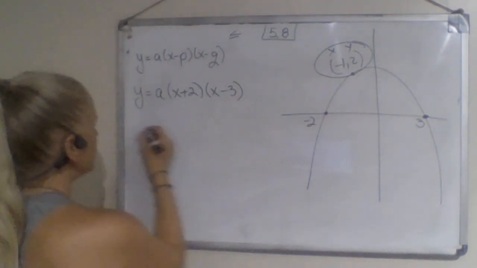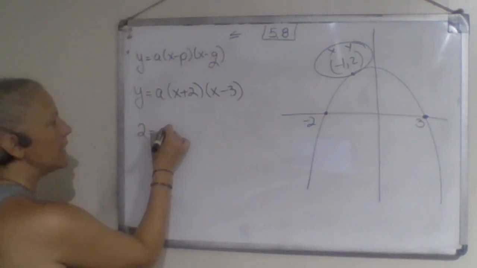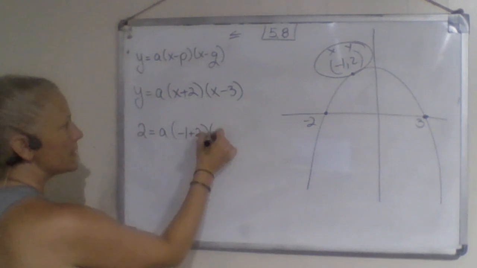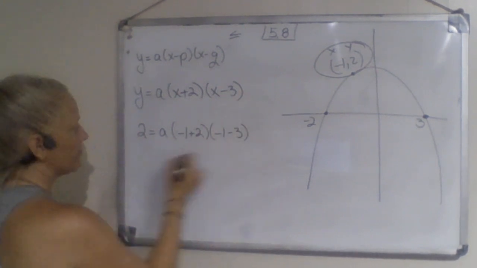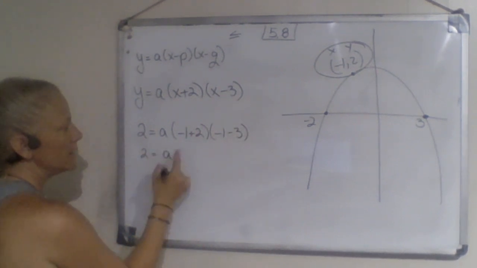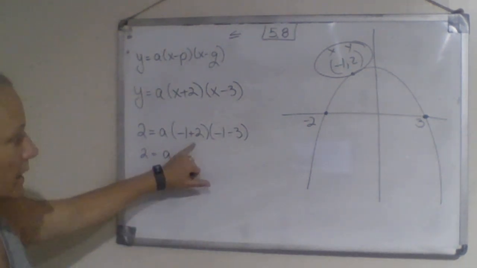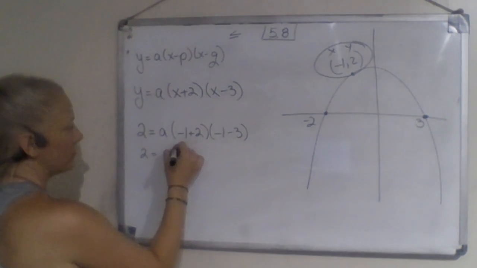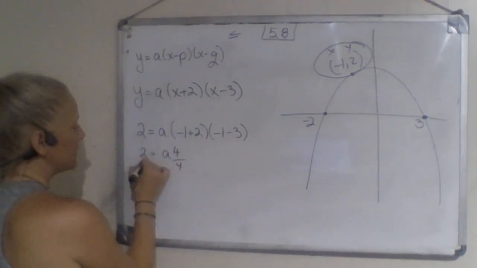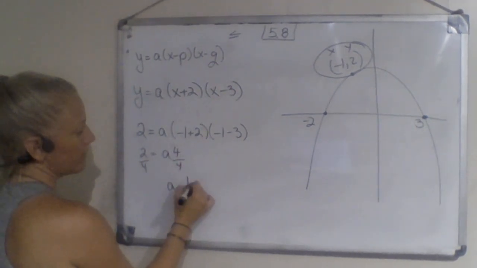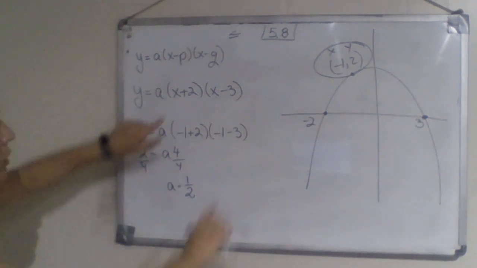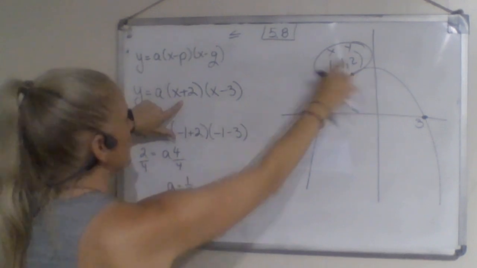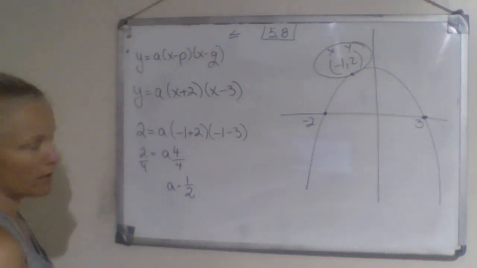So 2 equals a, parenthesis, -1 plus 2, parenthesis, -1 minus 3. 2 equals a, this becomes -1 plus 2 becomes 1, times -4 becomes -4. For a, I divide the 4 out, a is 1/2. Right? All I did is, once I put in the intercepts by switching their signs, I used the x and y from here, plugged it in to just solve for my a.